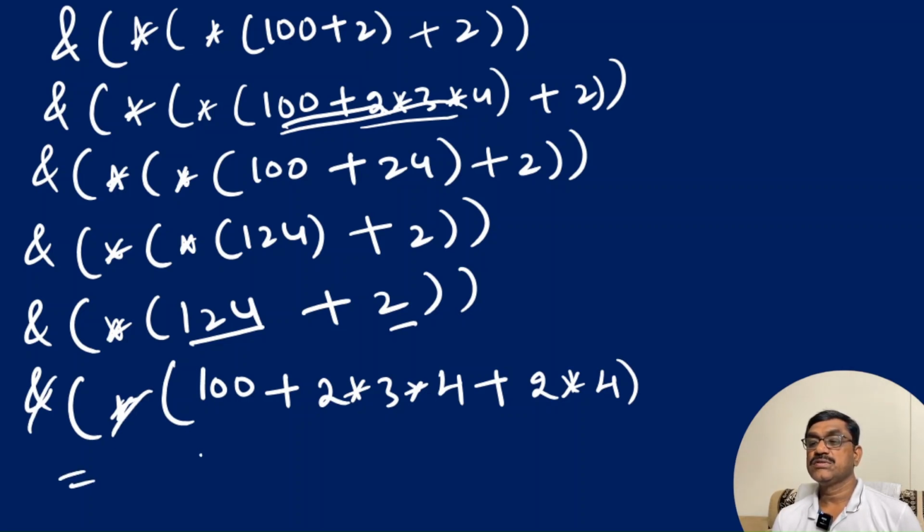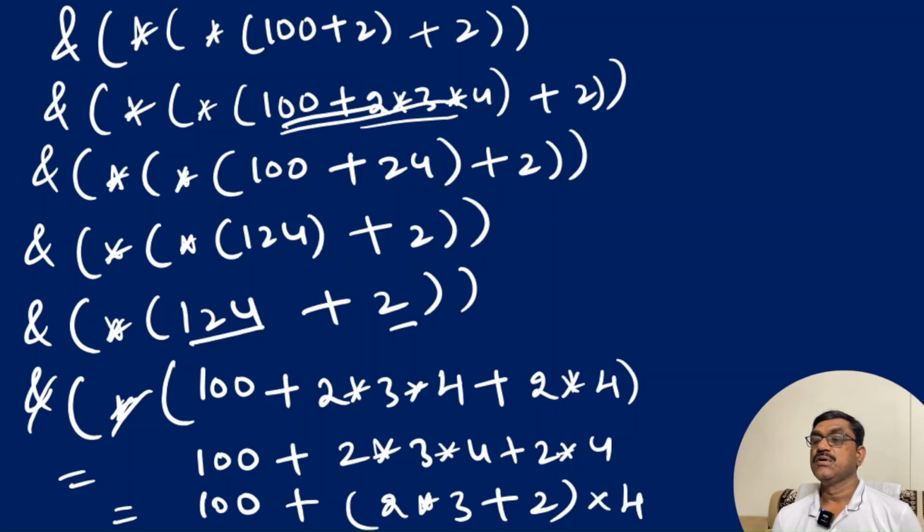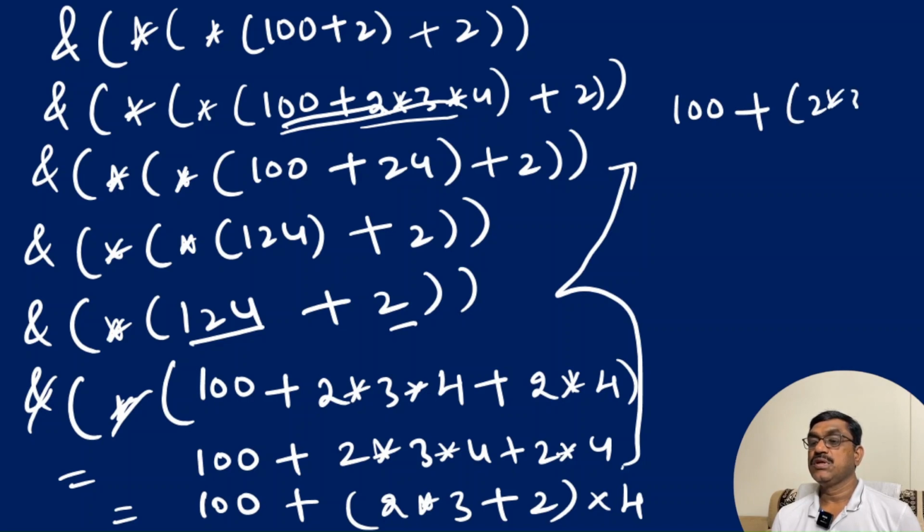Now what we are going to get is 100 plus 2 into 3 into 4 plus 2 into 4. That in the sense, 100, you take 4 common: 2 into 3 plus 2 we are getting, and 4 is common. So this leads to 100 plus (2 into 3 plus 2) into 4.